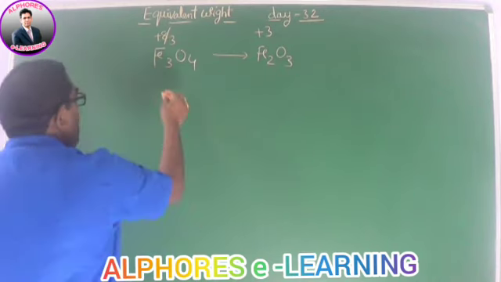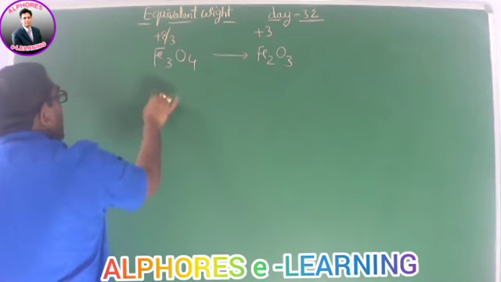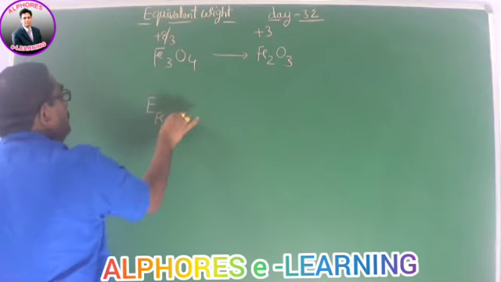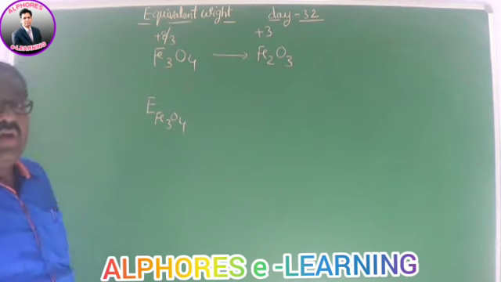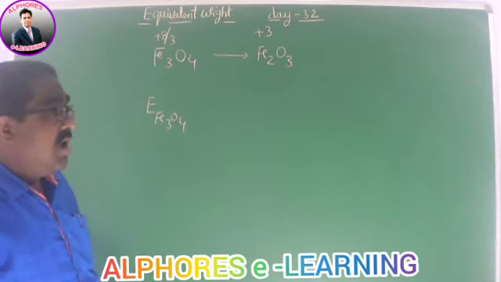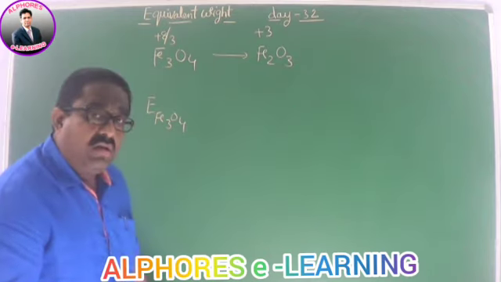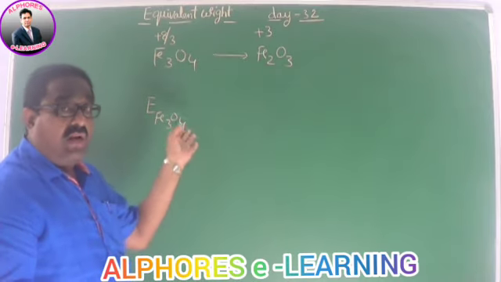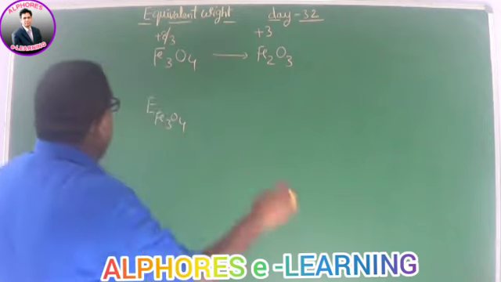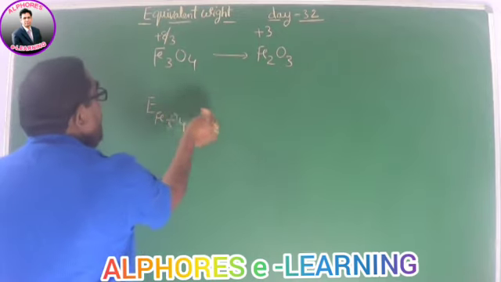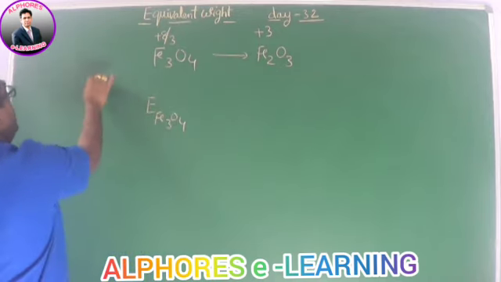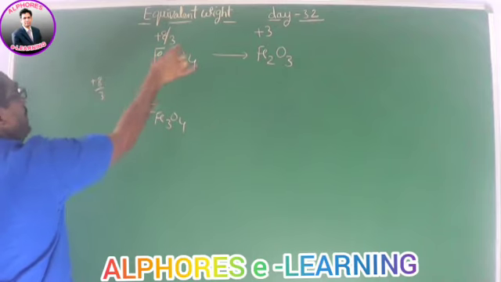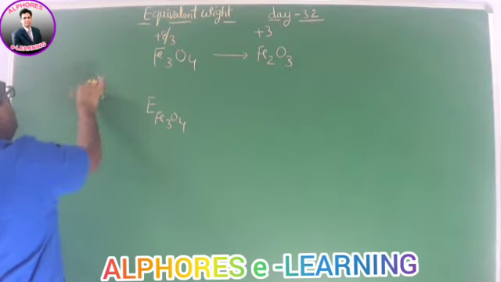To estimate the equivalent mass of Fe3O4, we need its N factor, how it is changing with respect to its oxidation state from reactant to product. Here I am writing plus 8/3 changing into 3.